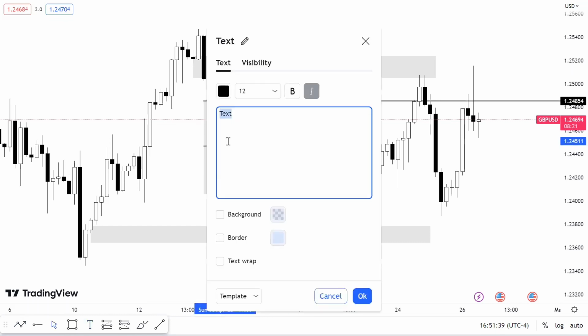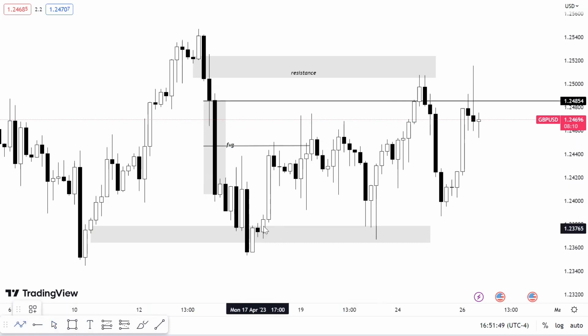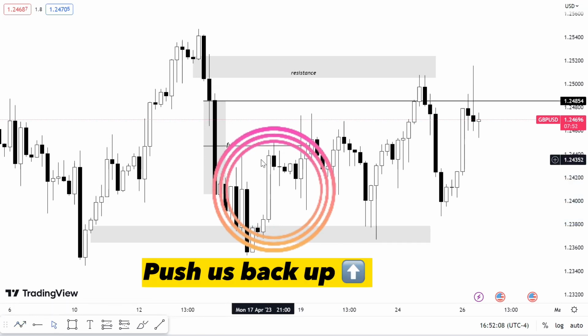So this would be our FVG, which stands for fair value gap. And we have that nice push to the upside. So this candle that pushed us to the upside, it will push us back up.